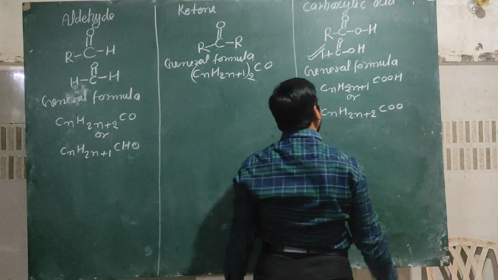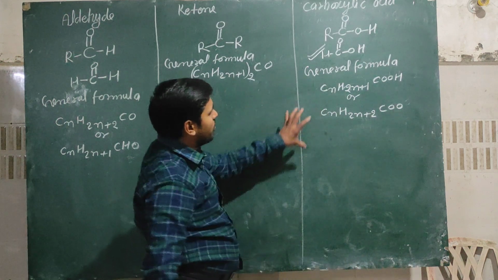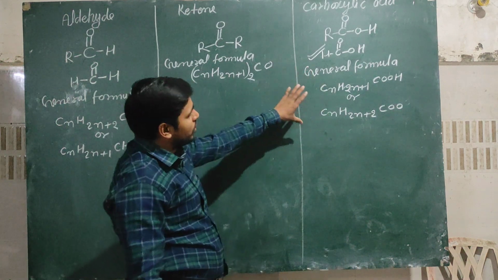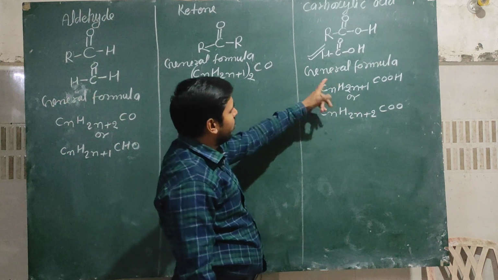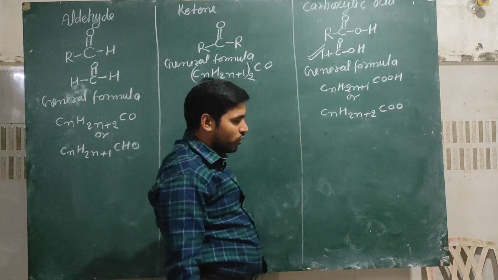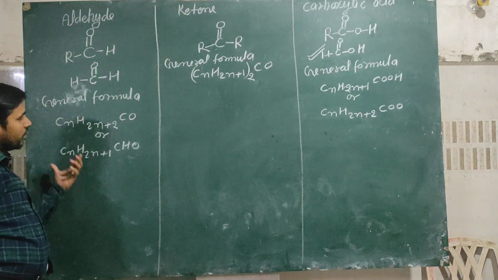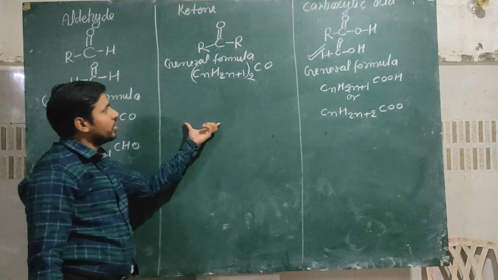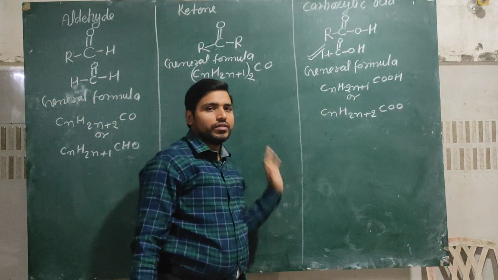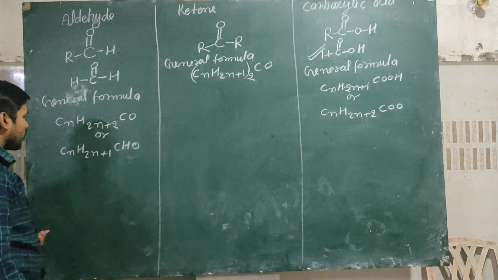This is the general formula of all type of carboxylic acid except formic acid. ओके, ये तो बात रही हमारे कि एल्डिहाइड किसे कहेंगे, कीटोन किसे कहेंगे और कार्बोक्सिलिक एसिड किसे कहते हैं.